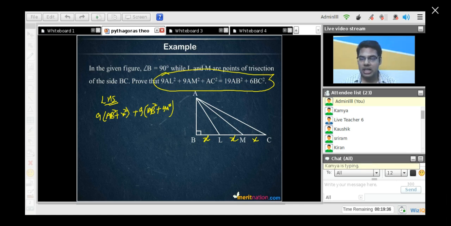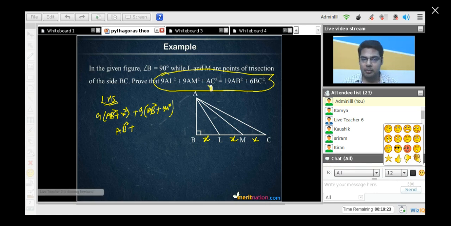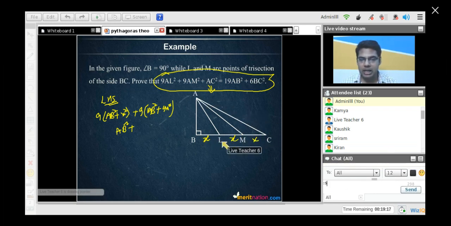And what is AC square? So AC square is, again, here we have AB square plus 3 of, okay fine Raksha, I will again explain you. So let's try to understand the last part. AC square, right? So AC square is in the bigger triangle. All these are right angle triangles or not?